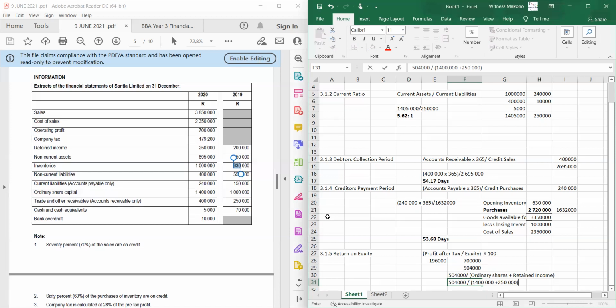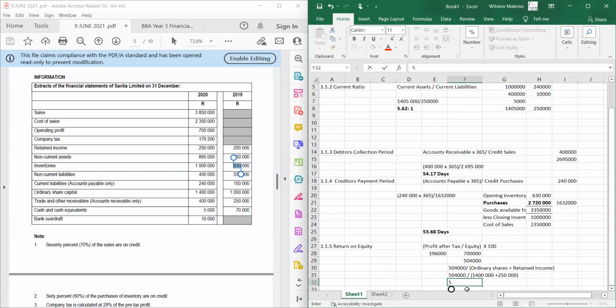1,400,000 plus 250,000, it's 1,650,000. So it's 504,000 divided by 1,650,000. Then we multiply by 100.